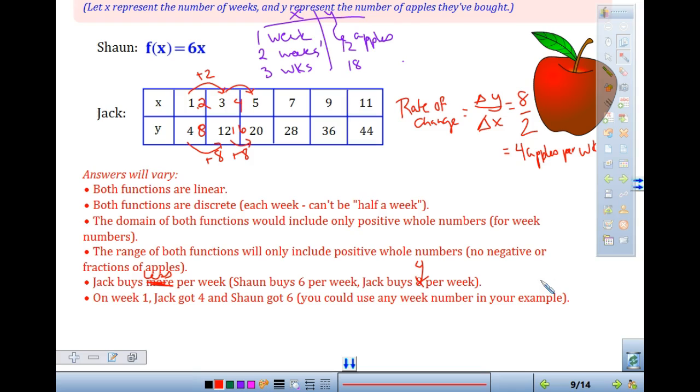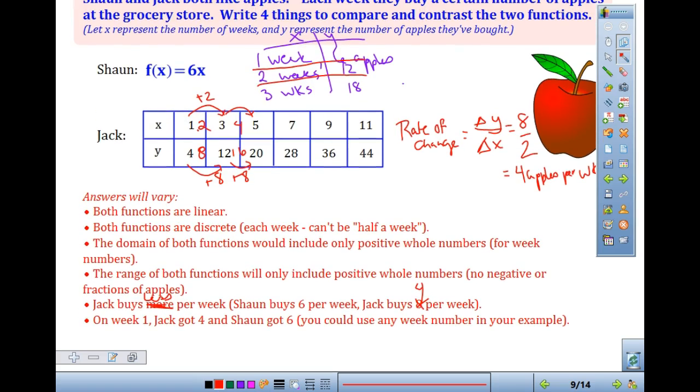In week 1, Sean had 6, Jack had 4. You could have picked the second week, Sean had 12, Jack had 8. So those would be other things that you could compare.